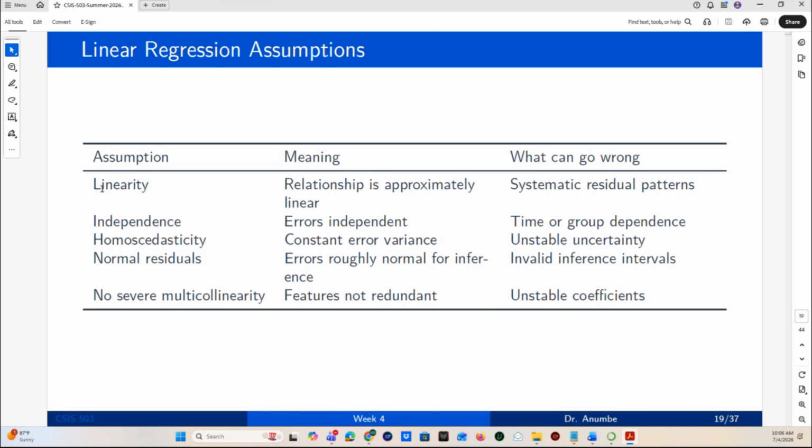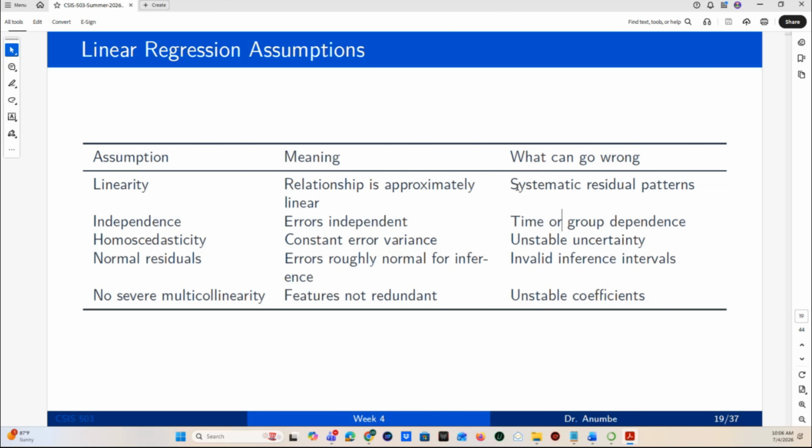Linearity. I showed us non-linearity. Linearity just means that the relationship between two or more variables is kind of linear, right? It's a straight line. But if it's non-linear, then you see it's curving, and there are different kinds of non-linearity. So here it suggests that the relationship is approximately linear.